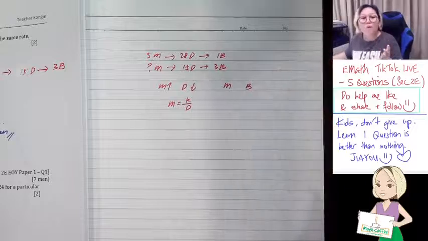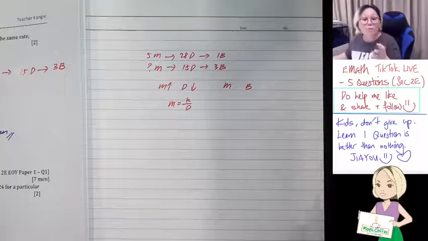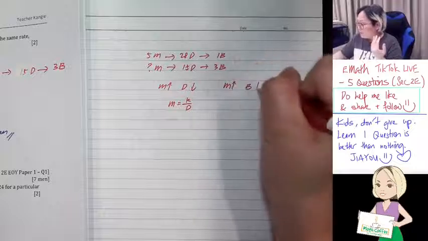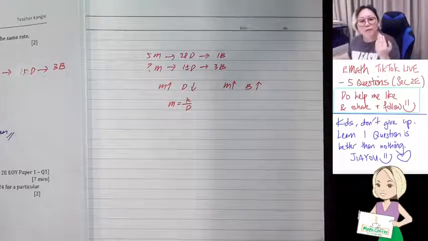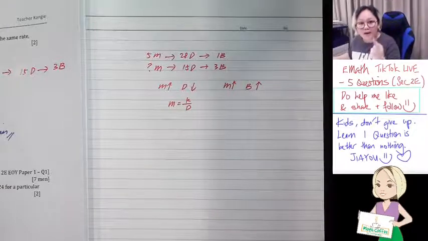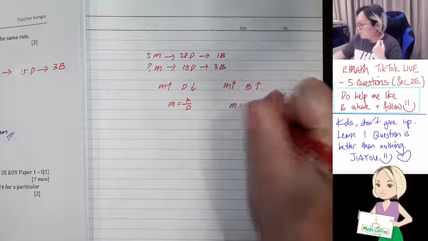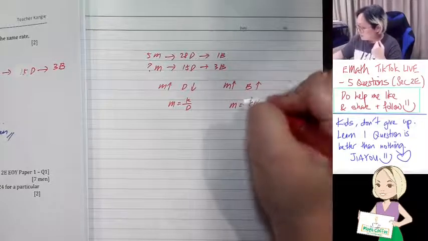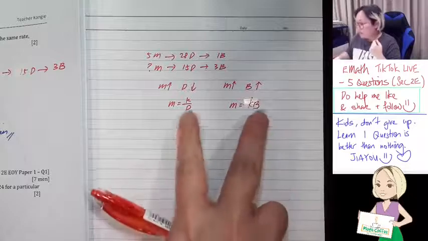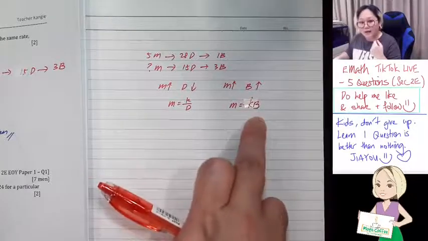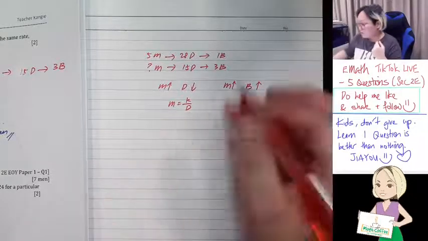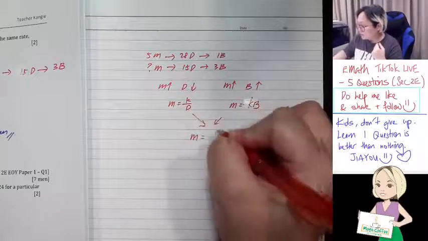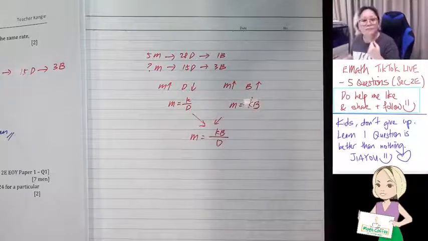When you have more men, do you build more boats or fewer boats? With more men, you can build more boats. So men and boat are directly proportional. So M is equal to KB. You see, M and B is direct, M and D is inverse. So when you combine these 2 formulas together, it becomes M equals KB over D.